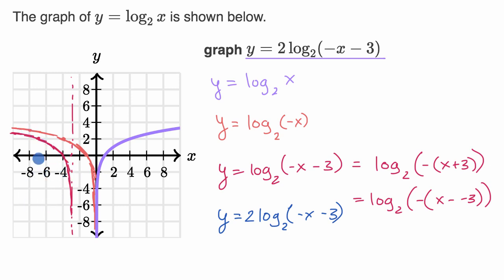So where we cross the x-axis, we're still going to cross it at that same point because 0 times 2 is 0. When we were 2 before, we are now going to be 2 times that. We are now going to be at 4. And so our curve is going to look more like this.